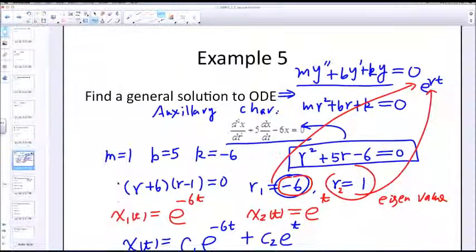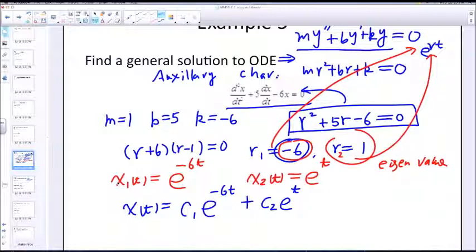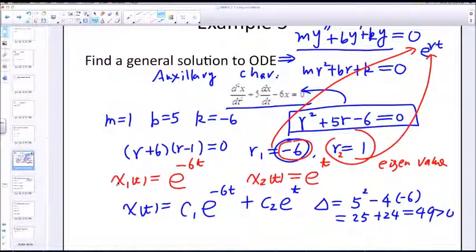Look at the delta. That's example 5. Delta equals 5 squared minus 4 times negative 6, equals 25 plus 24, equals 49. That delta gives you 2 pieces of information. First, you can factor it out as a real number. Second, that's a 7 squared. You got all nice integers.